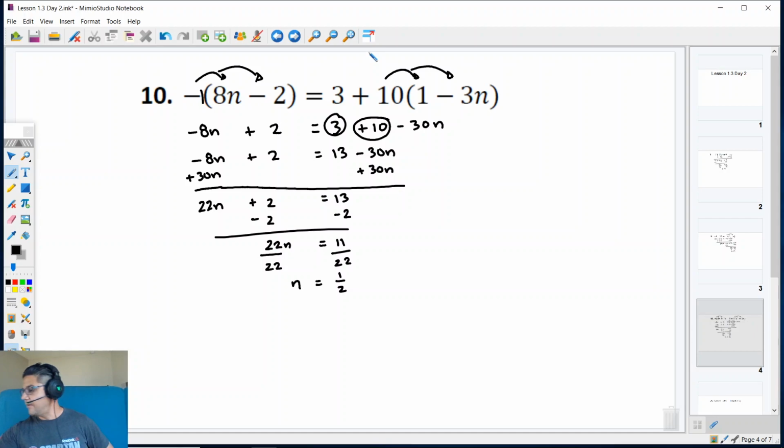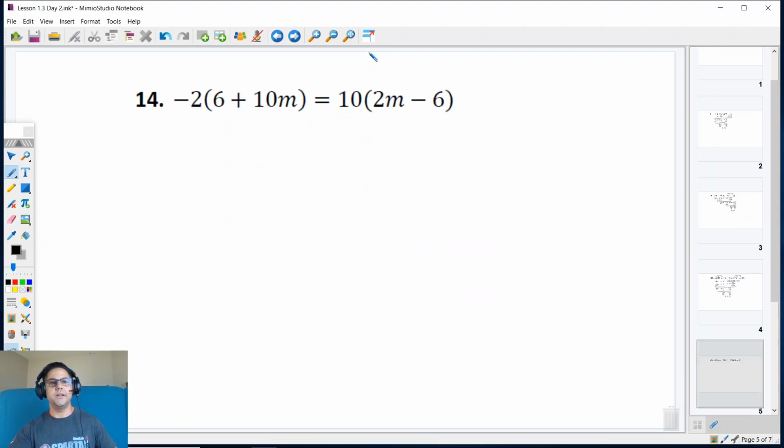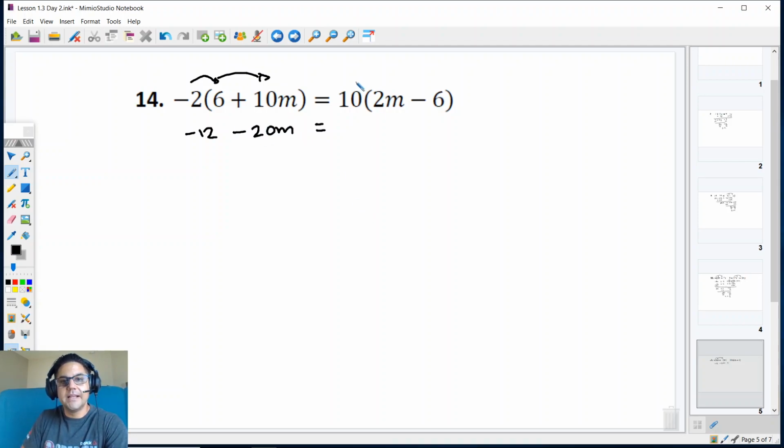All right, let's move on. We got a few more. Let's see, number 14. Ooh, bunch of numbers looking very similar. Let's see what's going on here. All right, -2 times 6 is -12. And -2 times 10m is -20m. 10 times 2m is 20m. 10 times -6 is -60.